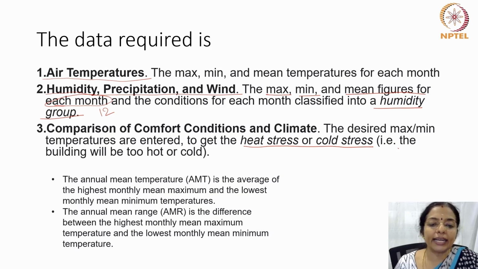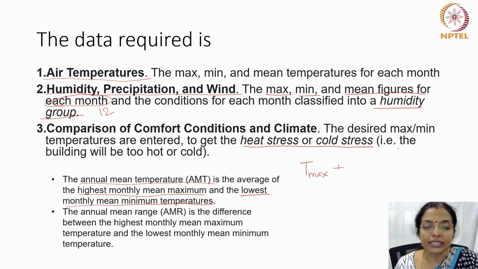From the data, you will calculate the annual mean temperature or AMT, which is the average of the highest monthly mean maximum and the lowest monthly mean minimum temperature. So this will be T maximum plus T minimum divided by 2.